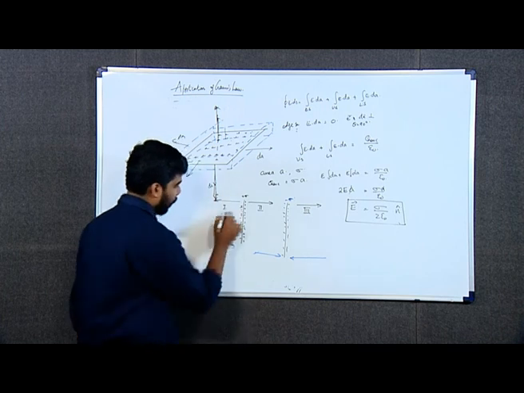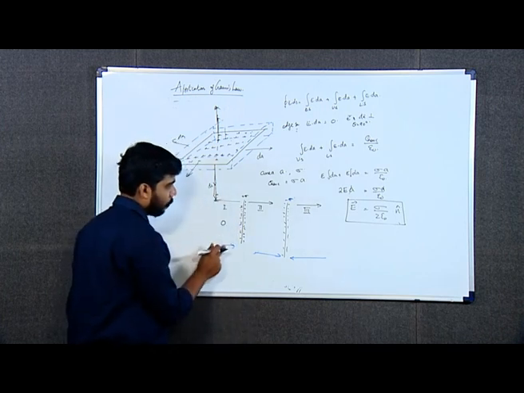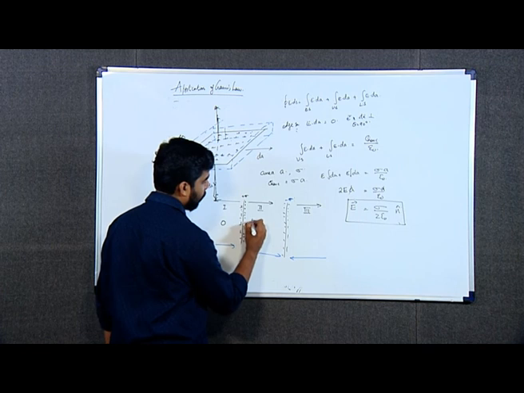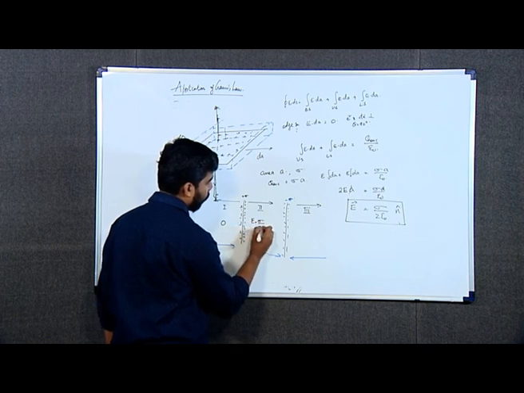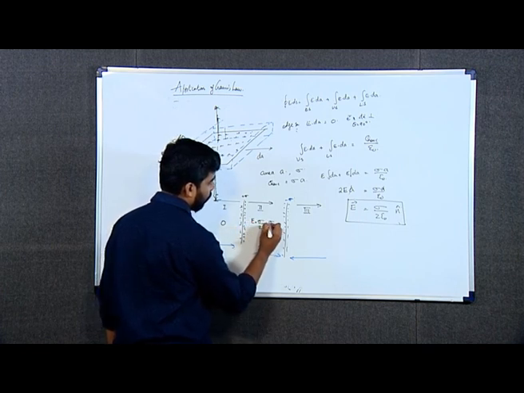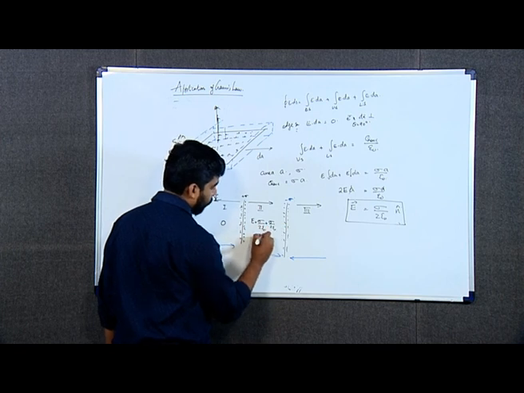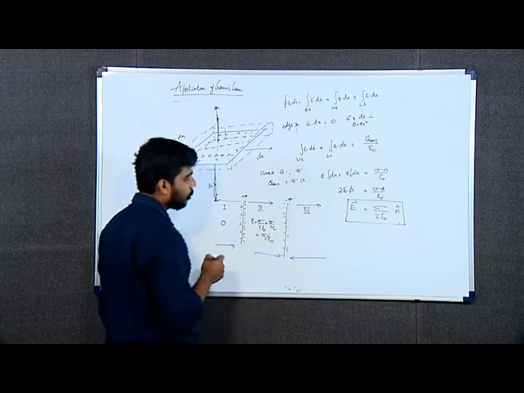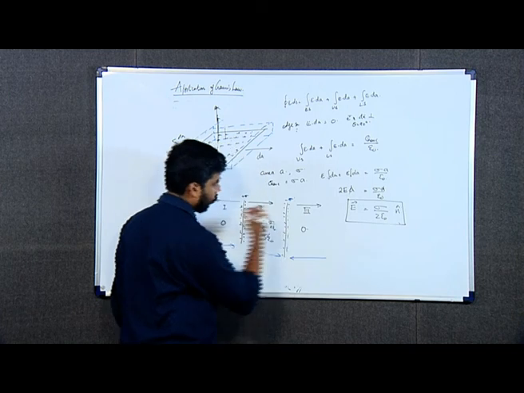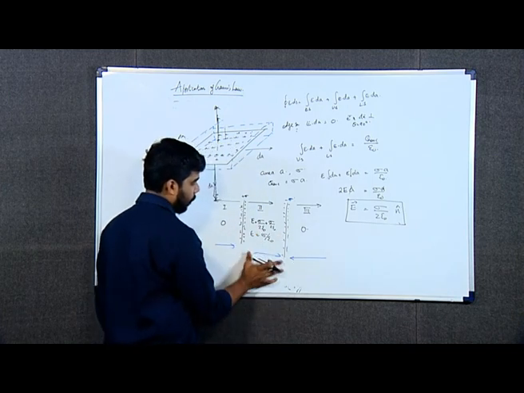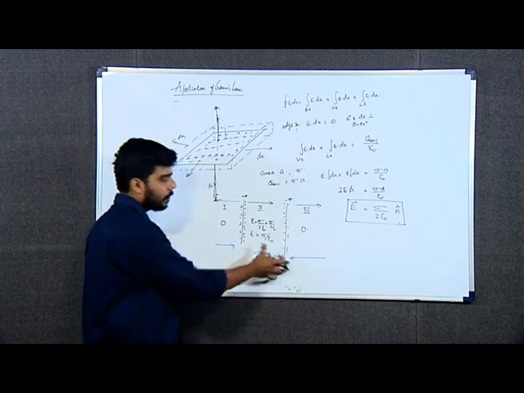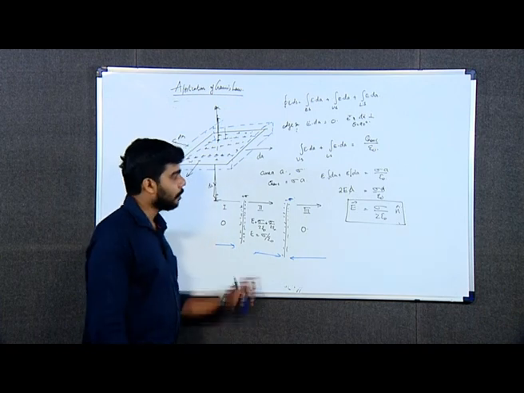The total electric field here is 0 because the two will cancel out. Here E is equal to sigma by 2 epsilon 0 plus sigma by 2 epsilon 0, which is equal to sigma by epsilon 0. This is the electric field in between one positively charged and one negatively charged plate.